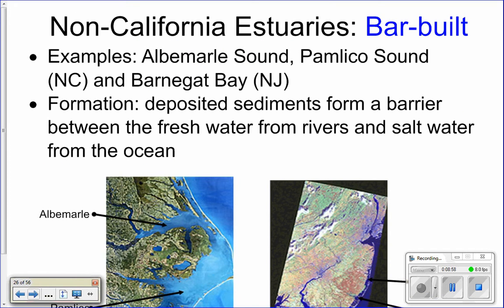All right, non-California estuaries. So you have two types of non-California estuaries. The first type is a bar-built estuary. You don't find these in California. You do find them on the East Coast, though. Examples would be Albemarle Sound, Pamlico Sound, and Barnegat Bay. And these are formed when rivers run into the ocean.